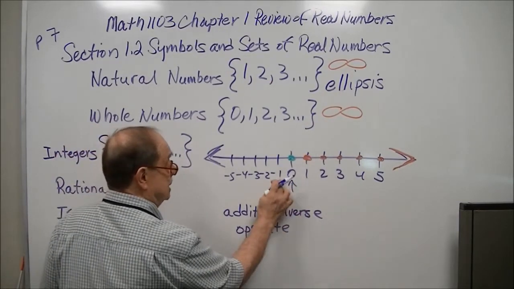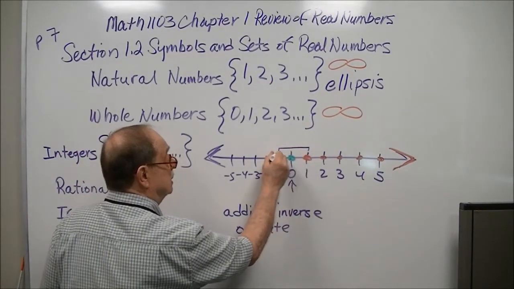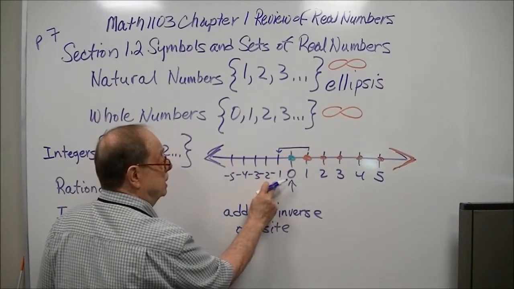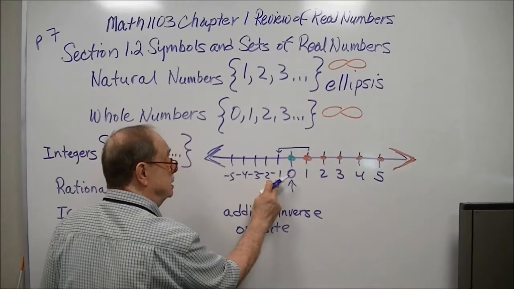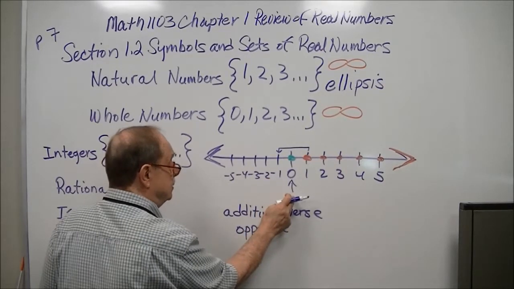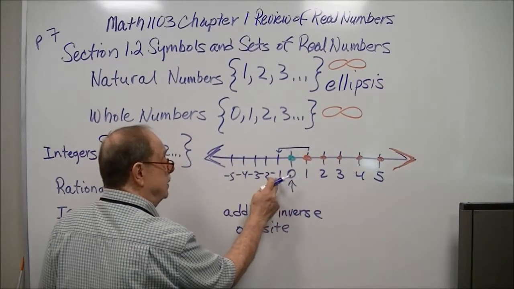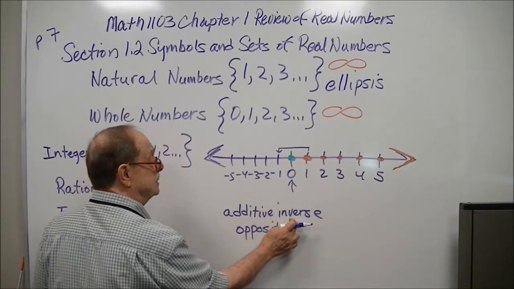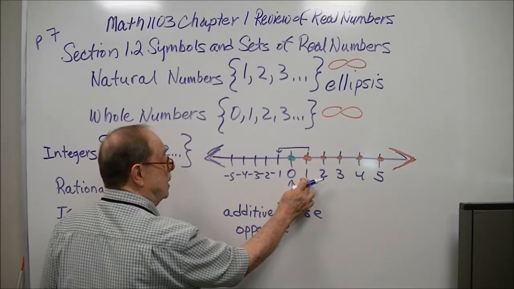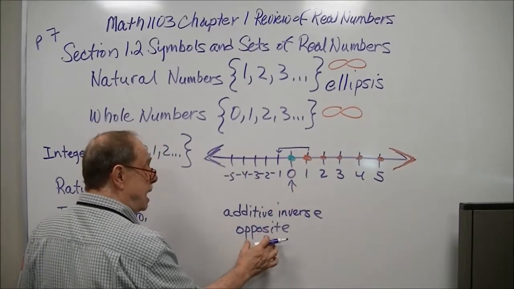And the answer is yes. We have a -1. That 1 and a -1 would be a 0. We say the -1 is the additive inverse of 1, or is its opposite.